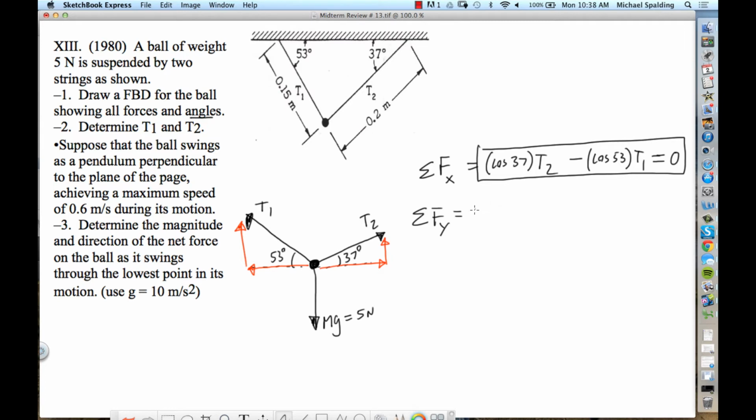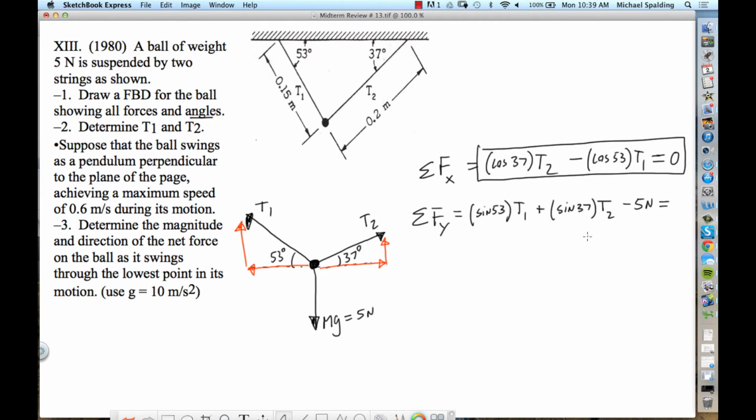So in the y direction, let's start with T1 over here. We have sine 53 T1 plus sine 37 T2 minus the 5 newtons. Mg is 5 newtons. That's the sum of the forces.